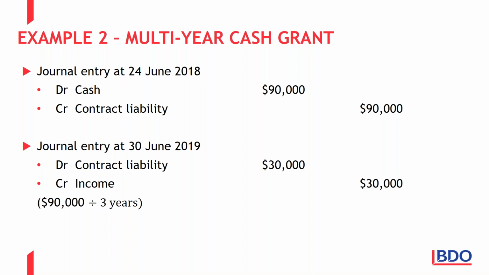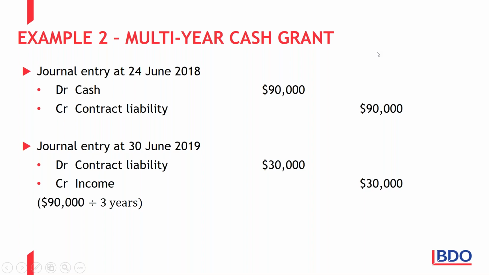Again, I've made an assumption that we're going to spend the 90,000 evenly over the 3 years, and that we're satisfying our performance obligations evenly over the 3 years. It could be different, but that's the assumption we've made in this situation.